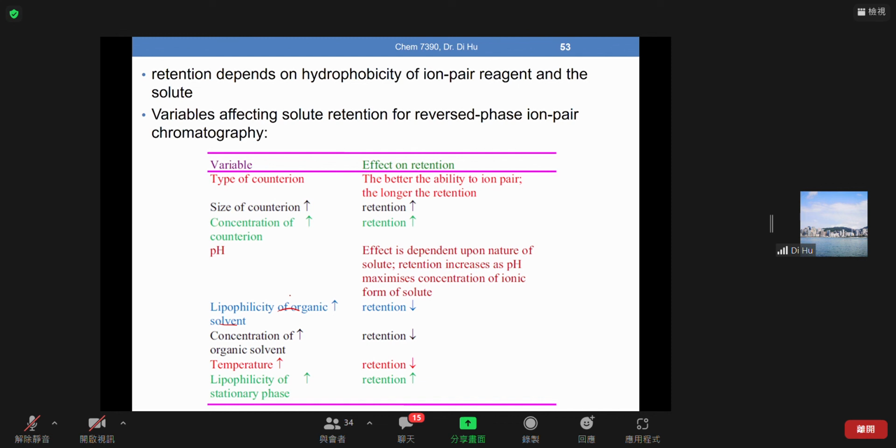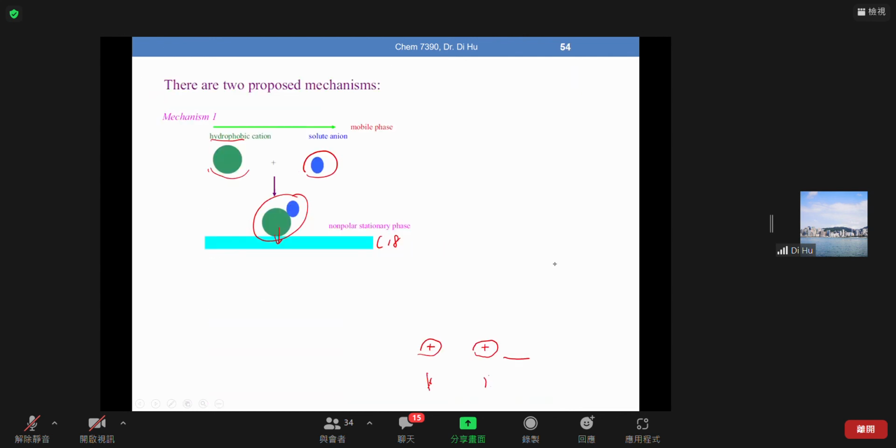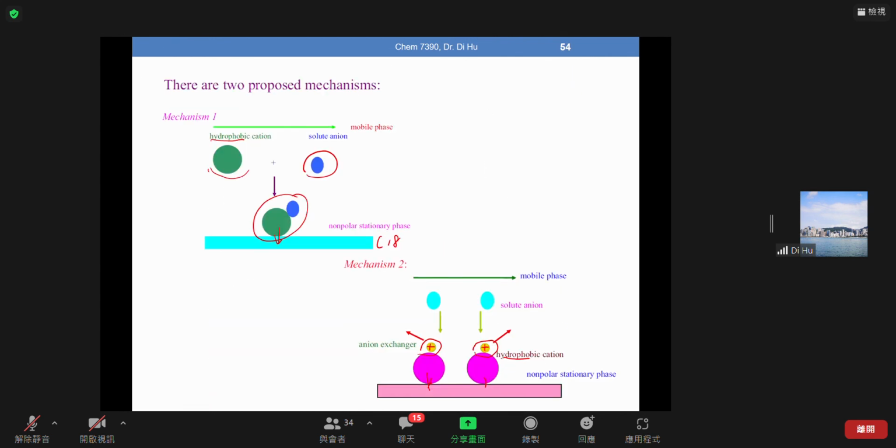I don't need to go through these one by one, it's just common sense using the knowledge you have so far, so it's easy to understand. It's just for information, because this technique, however, is considered clumsy, right? You have to add the reagent, and then you have some reaction going on here.